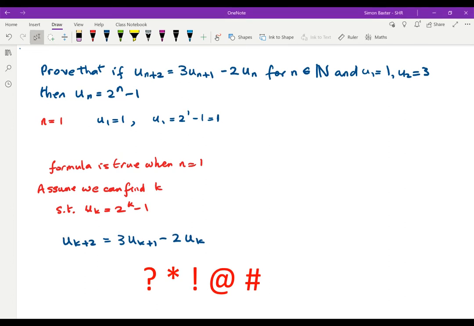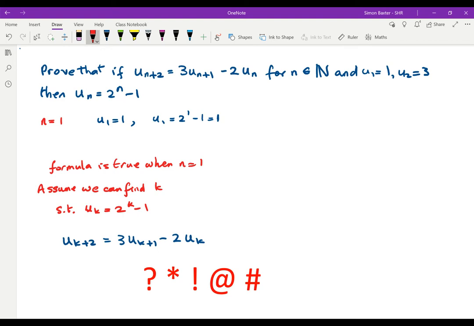So what was all that about? If I want to work out uk plus 2, I have to know uk. Yes, I've assumed that I know uk. But I've also got to know what uk plus 1 is. So at that point, I need to be able to assume that I know what uk plus 1 is.